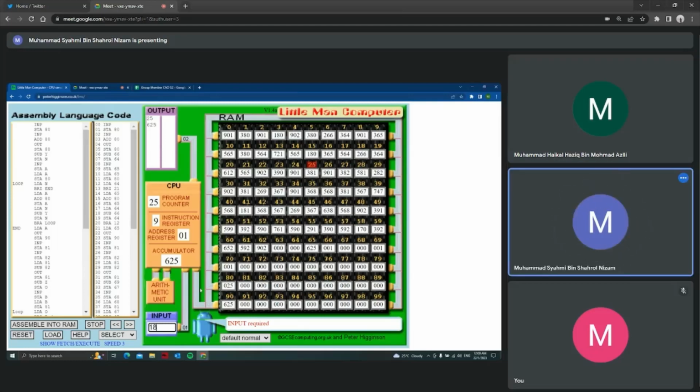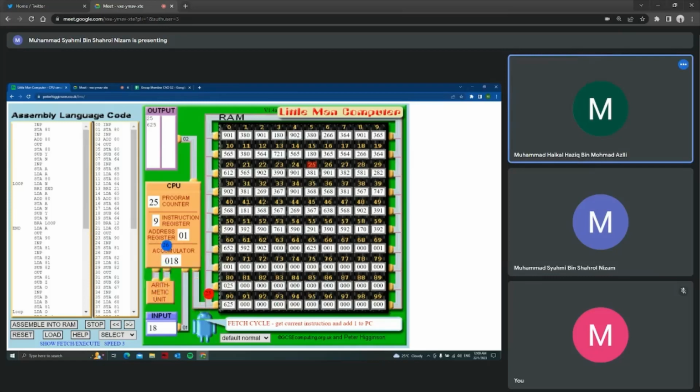So basically, we assume our input as 18, and then it will store at 81, and then we will assume the input as 13, and the input will be stored at 82.